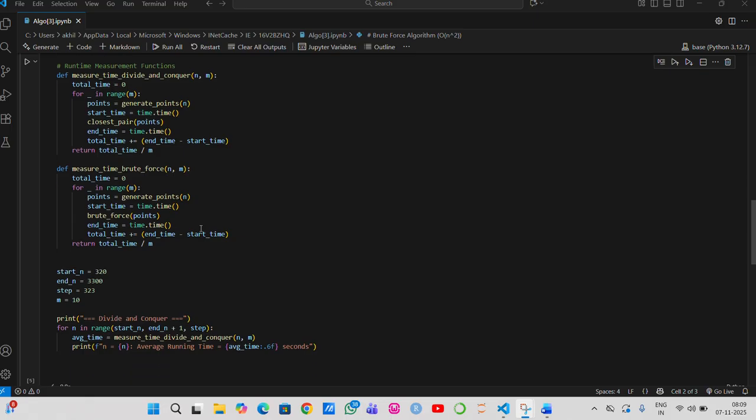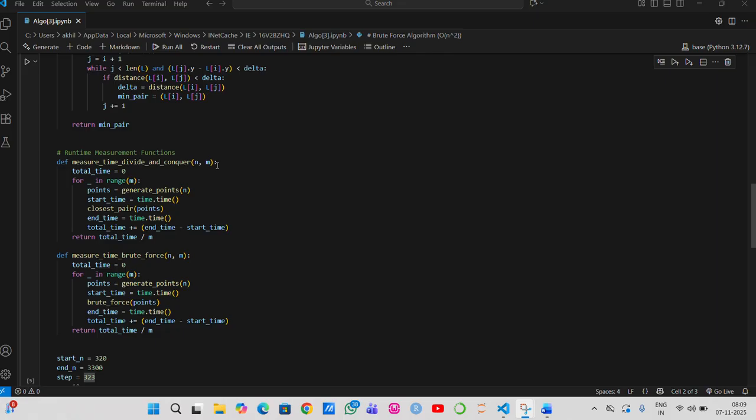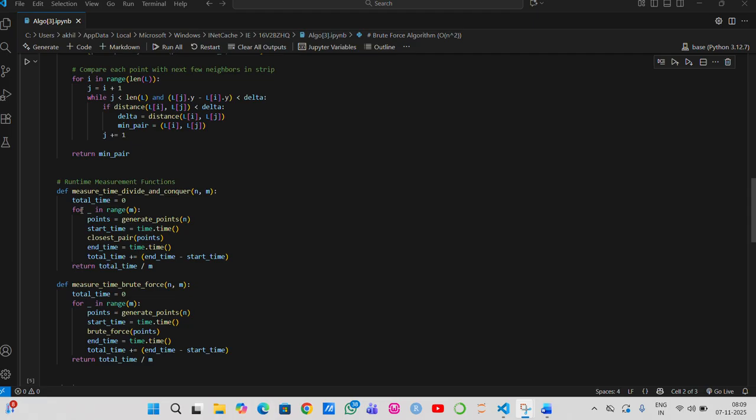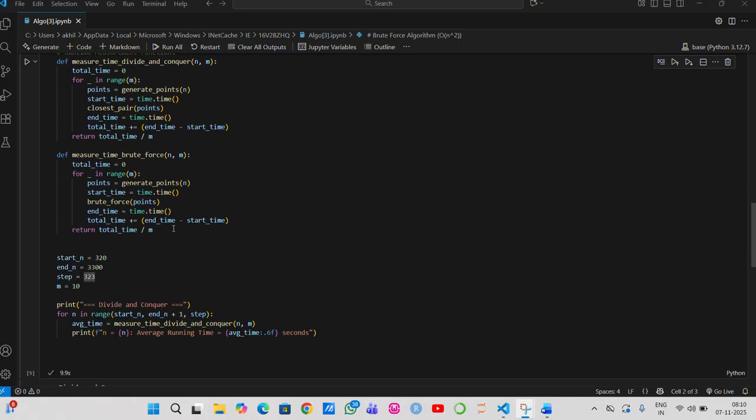Now coming to the average running time calculation. To make the performance comparison meaningful, I didn't rely on a single run. I calculated the average running time over m equal to 10 runs for each input size.